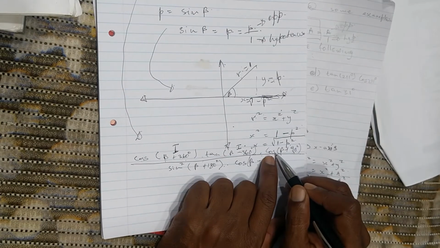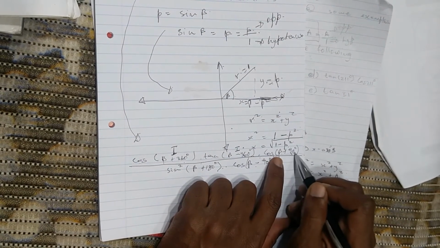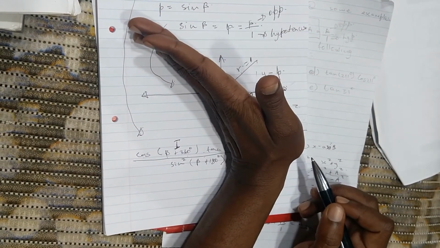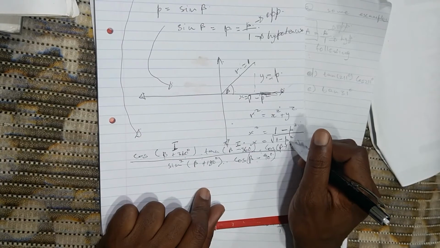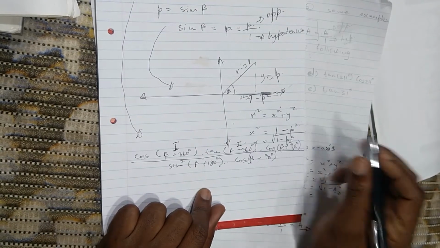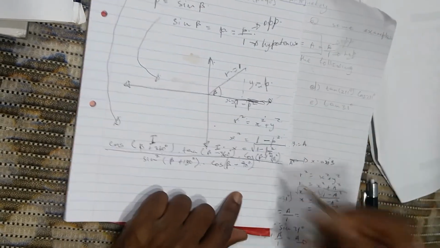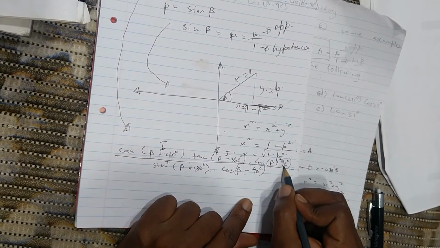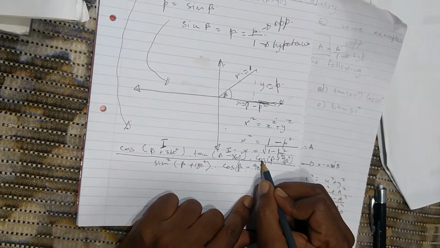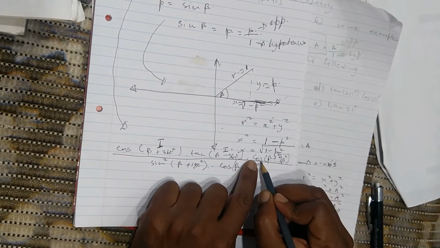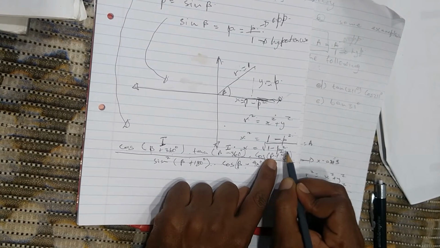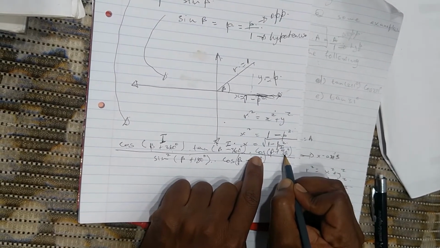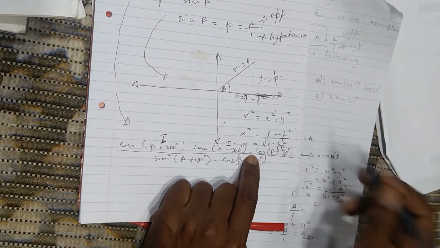So the most important thing is for me to identify which quadrant it is for each one of these. So again here, tricky, cos of beta plus 90 degrees takes me to the second quadrant. But I have another problem here, because this 90 degrees communicates something to that cos. So I need to find out first how cos behaves in that quadrant, and then deal with what the 90 degrees does to that.